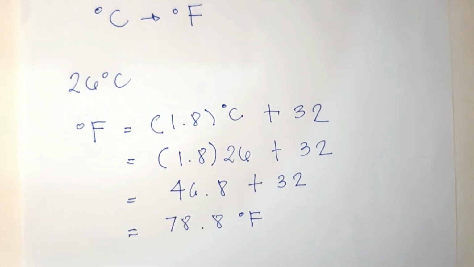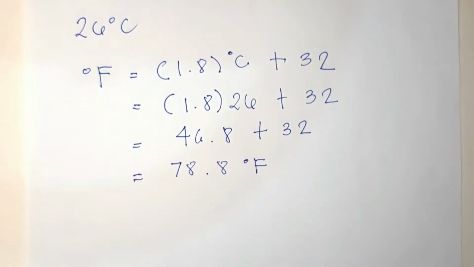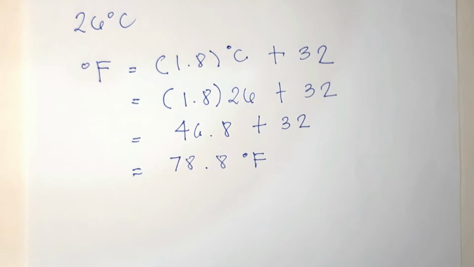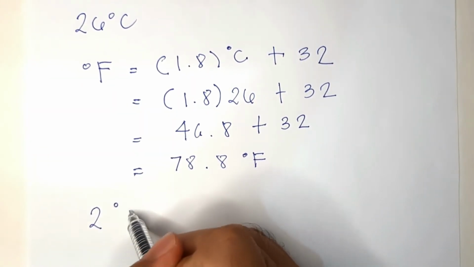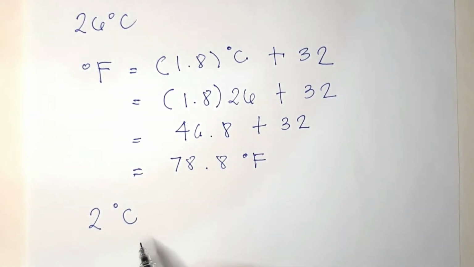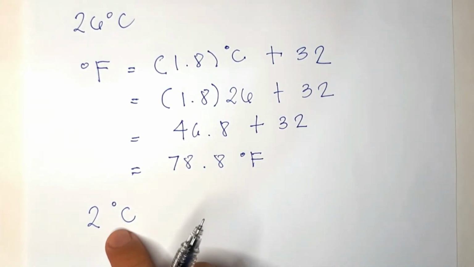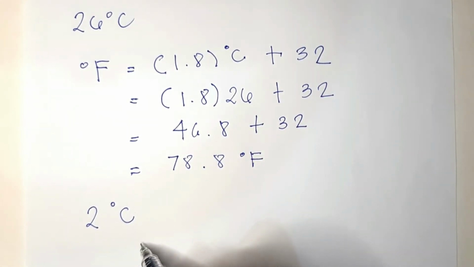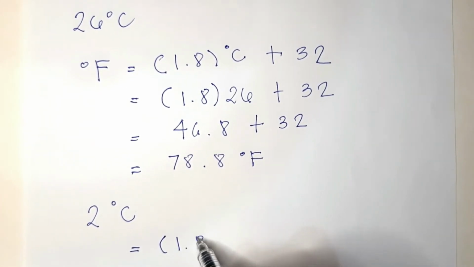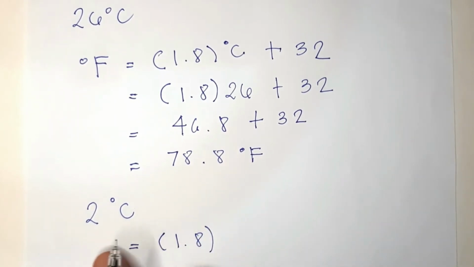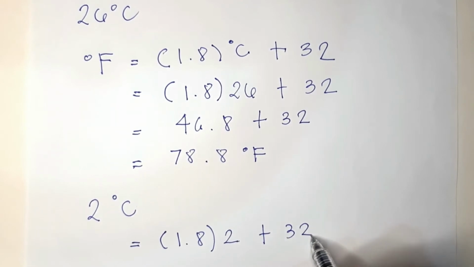So now it's your turn. Feel free to work on this example and pause the video. Let's say 2 degrees Celsius. Using the equation, we plug in the value of degrees Celsius to the equation. So we multiply 1.8 by the value of the given, which is 2, plus 32.